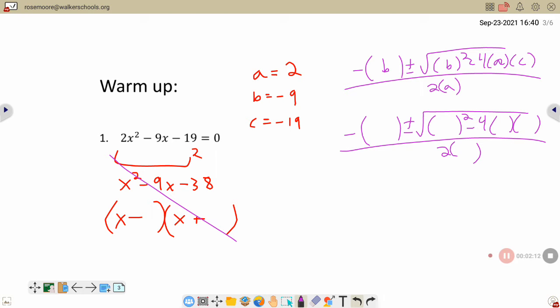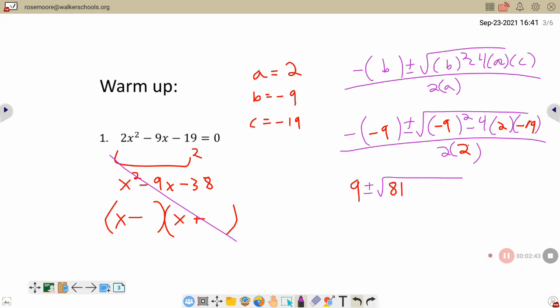Again, B is negative 9. B squared will be negative 9 squared minus 4, and here's where A goes, and then this is C. Watch those signs, it's a negative 19, all over 2A. So opposite of negative 9 is positive 9, plus or minus the square root, and that will be 81.